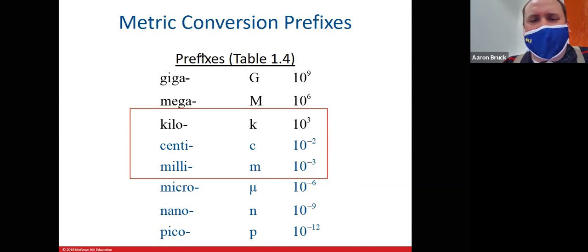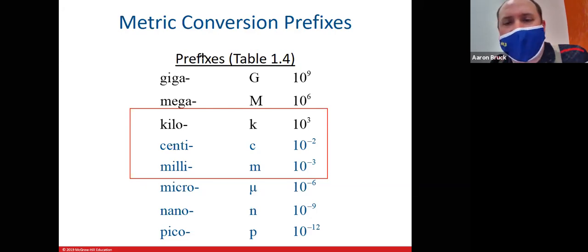Now, that's not to say that we won't come across the occasional micrometer, or if you go to a store to buy a new phone, they might talk to you about gigahertz or megabytes of storage, those kinds of things.